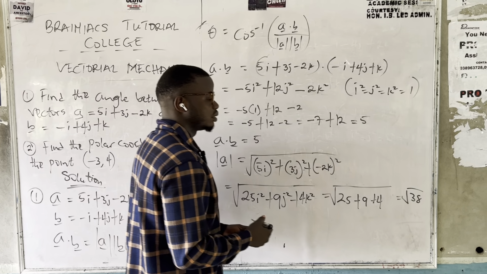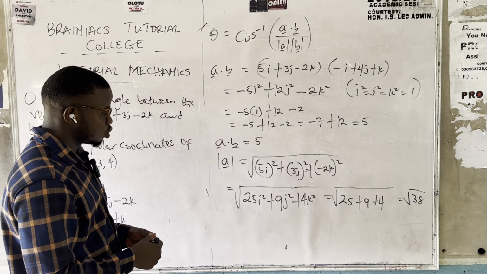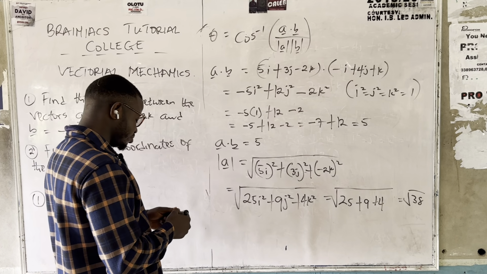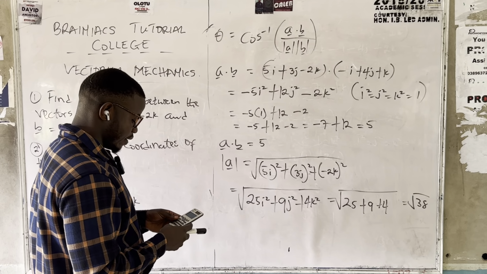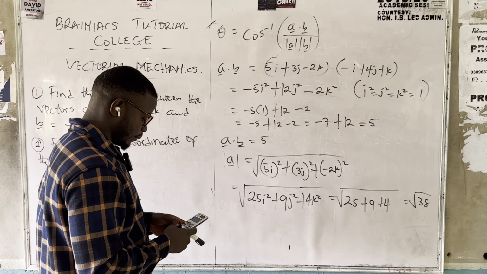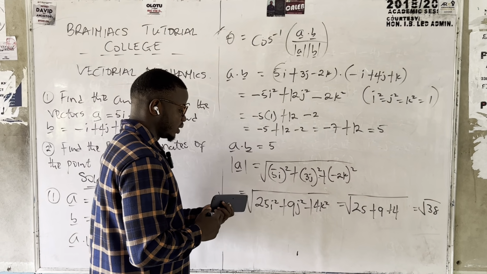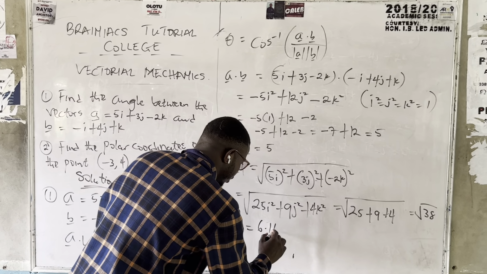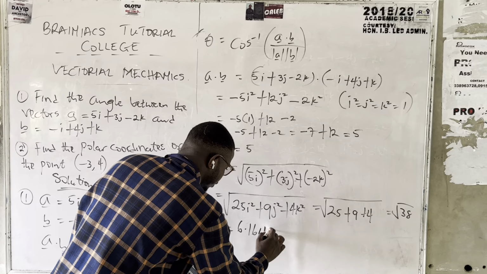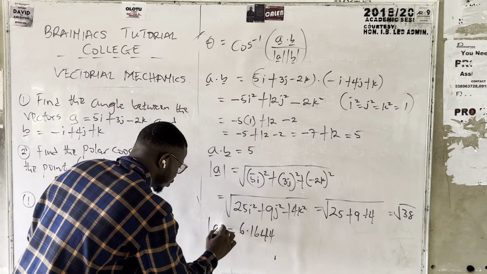So you can take it to decimal, you can leave it like that. So the square root of 38 is 6.1644. So that's the magnitude of vector A.